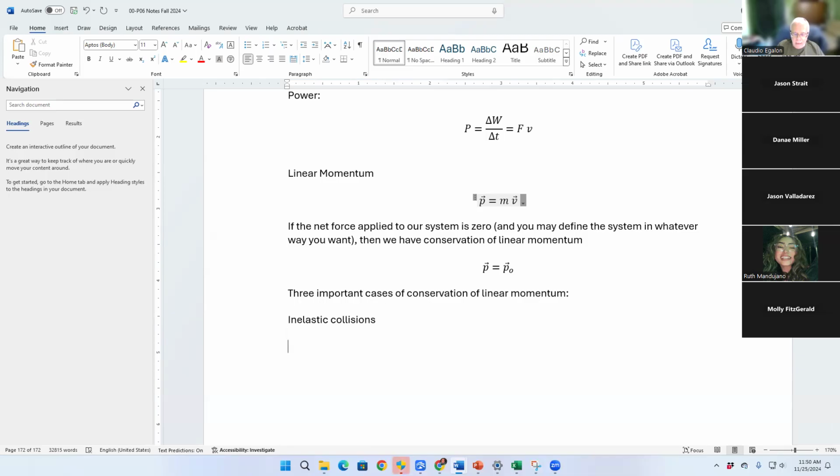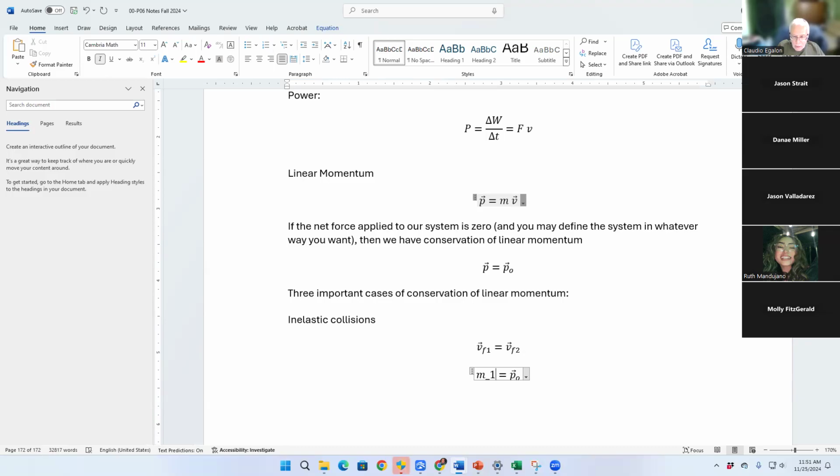Okay, in an inelastic collision, the final velocity of object 1 is equal to the final velocity of object 2, like that. And we have conservation of linear momentum. Here you go.